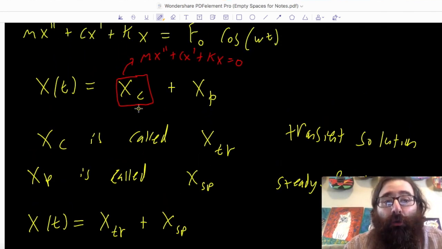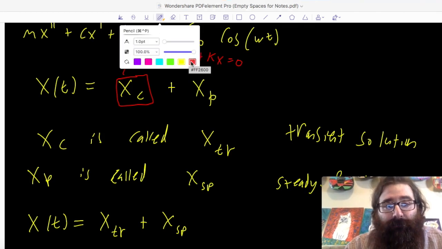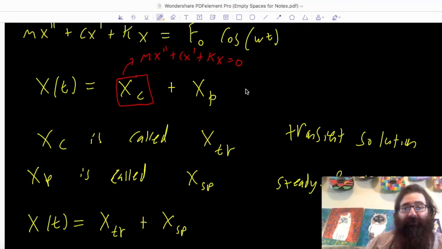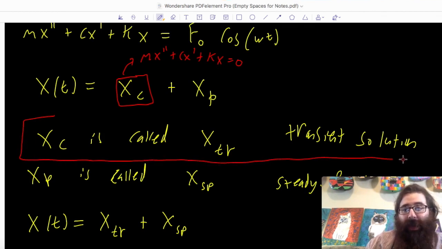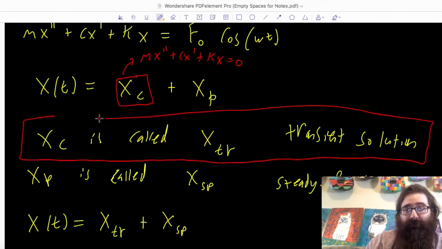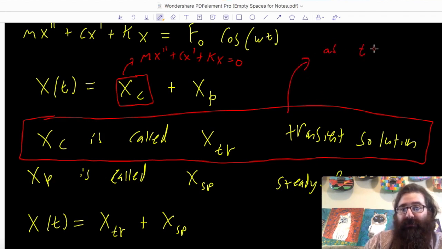Well, we showed that when I solved this homogeneous case, talking about the complementary solution, as t goes to infinity, this complementary solution goes to 0.